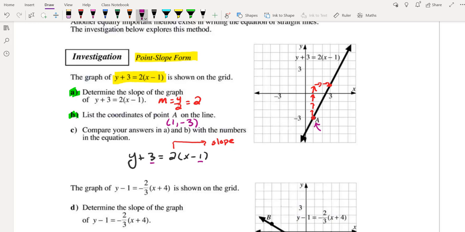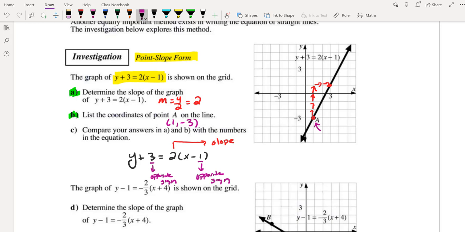This is plus 3, and for the y value of point A it is -3. So this has the opposite sign. Same with here. We have -1, but our value for point A is +1. So opposite sign. Well, how do you make opposite signs?